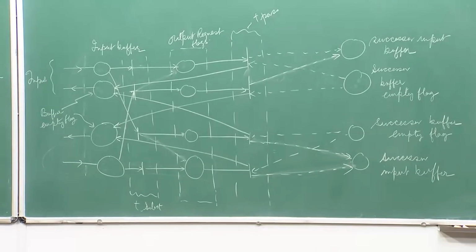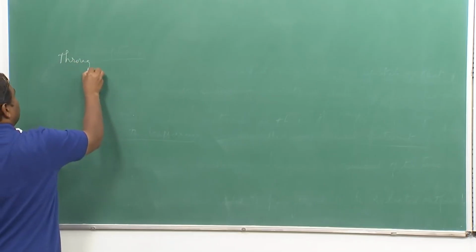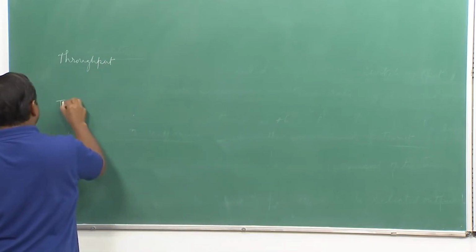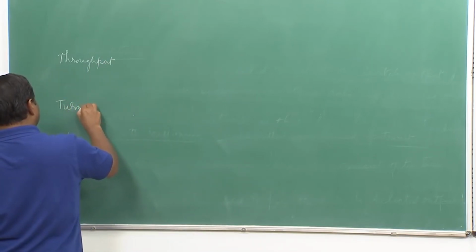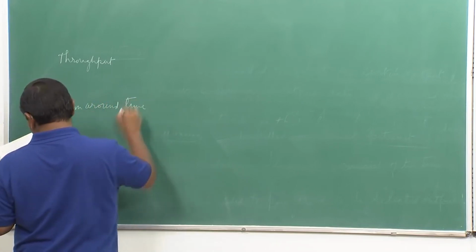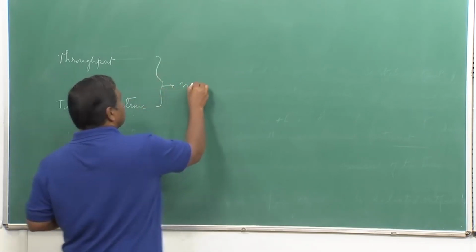So, for analysis purposes, we will now be analyzing everything in terms of the following. These are the assumptions which we will make. For analysis, the performance criteria will be throughput and, of course, the turnaround time. And we can also create normalized versions of these.